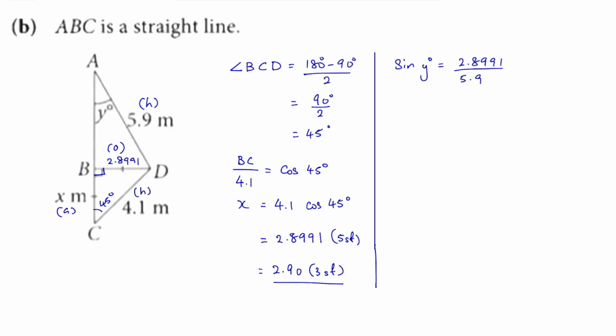5.9. We do not use the 3SF because it's not accurate enough, so we use the 5SF in our working. So y degrees equals to sine inverse of 2.8991 over 5.9, close bracket, equals to 29.4.